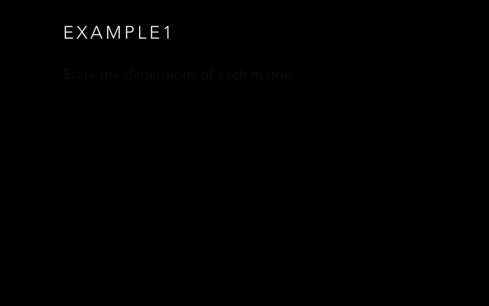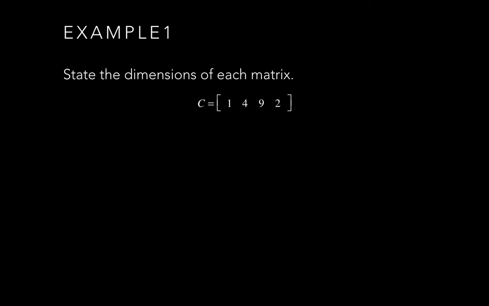I have some more. Here we have matrix C. This matrix looks a little different from what you've seen so far, but I still want us to take the same approach. Count the number of rows. How many horizontal strips of numbers do we have here? You start at 1 and go across, and that's all. So there is only 1 row.